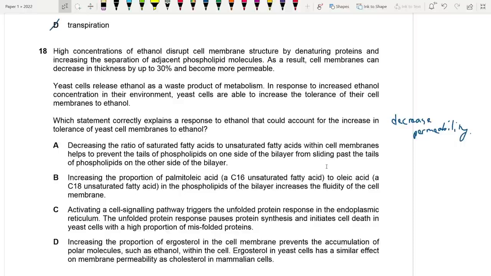So look at this. If we decrease the ratio of saturated to unsaturated fatty acid chains within the cell membranes, this helps to prevent the tails of phospholipids on one side of the bilayer from sliding past the tails of the phospholipids on the other side of the bilayer.